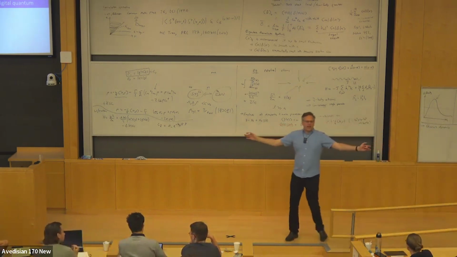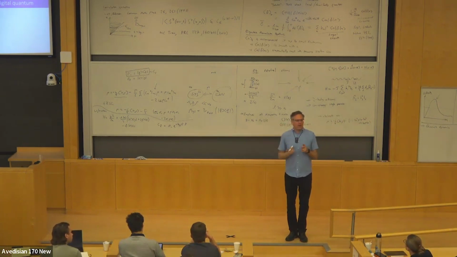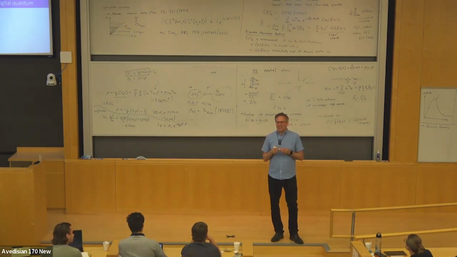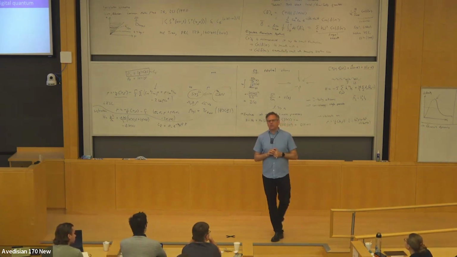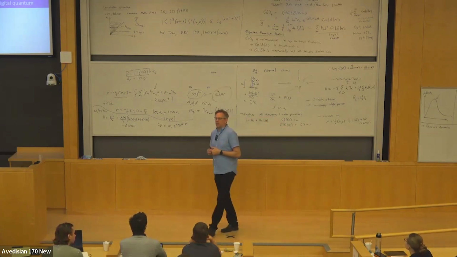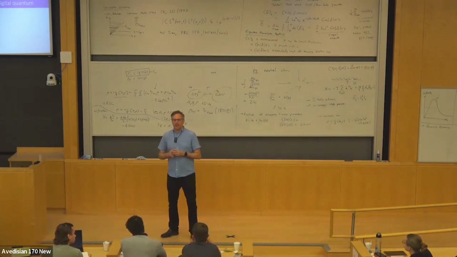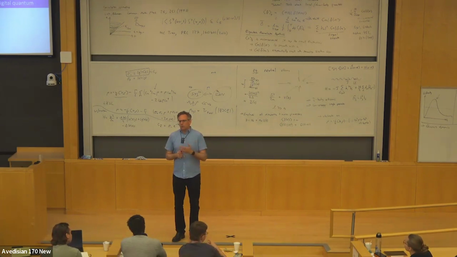Why don't I do ground states? Why do I choose deliberately to not address that question? So if I want to calculate the ground state of an arbitrary Hamiltonian, in general, it is a very complicated thing, not only classically, but also on a digital quantum computer.